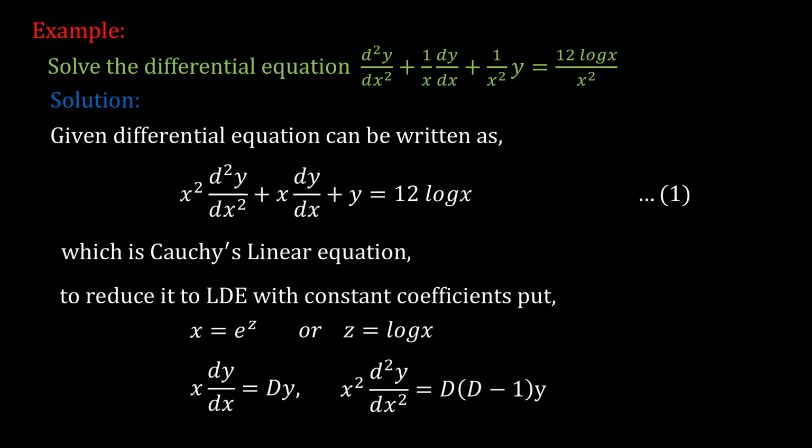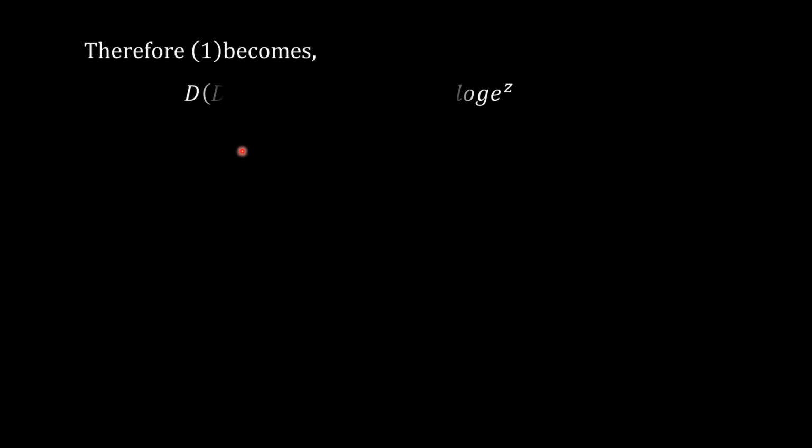So 1 becomes now D(D-1) of y + D of y + y = 12 log of, we have replaced x by e^z, or simply we can replace log x by z directly.